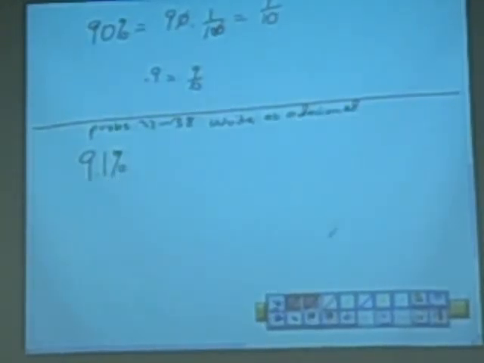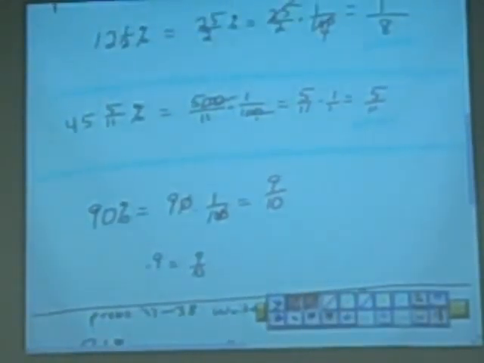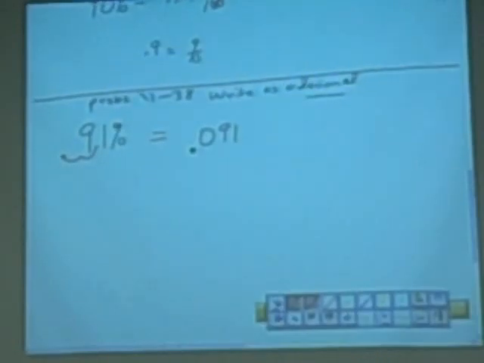Alright, so basically to write as a decimal, all we're doing is we're going to move that decimal point 2 places to the left. And so that becomes 0.091. Okay, that's right. So here we're writing it as a decimal. The others, we wanted to write them as fractions. From percent, this one's from percent to a decimal, the others were percent to a fraction.